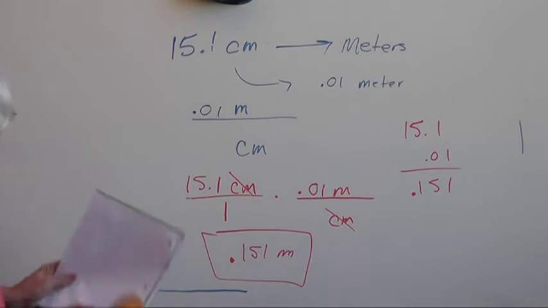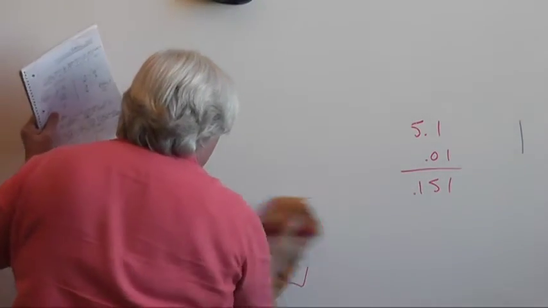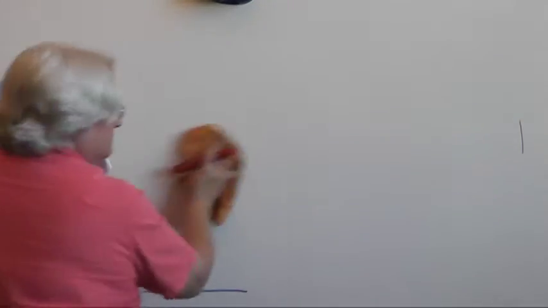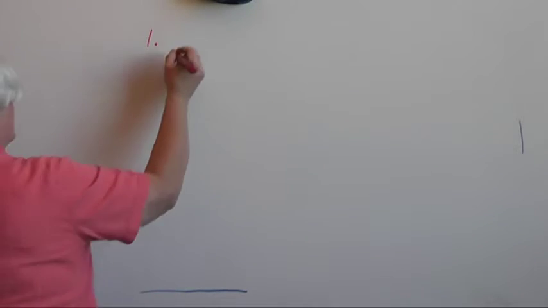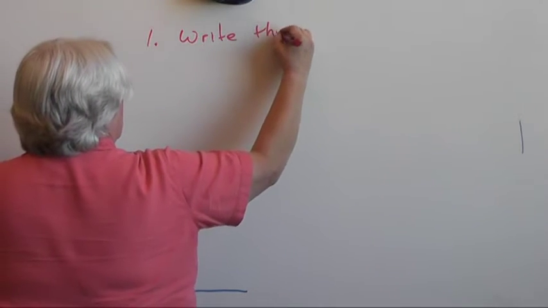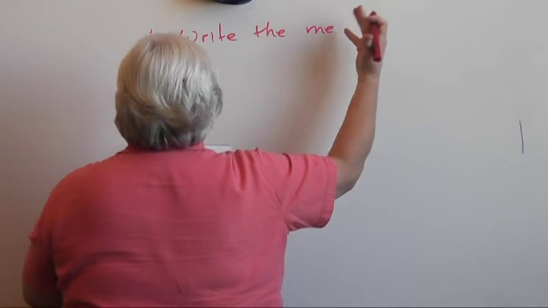So let's look at this next one. And it'll give us a little bit more of a pattern that we can follow. Okay. And this is the formula to follow. Everybody needs to write this down in their notes. First thing that you do when you're converting units is write down the measurements that you know, which in the case of the pencil was just meters.